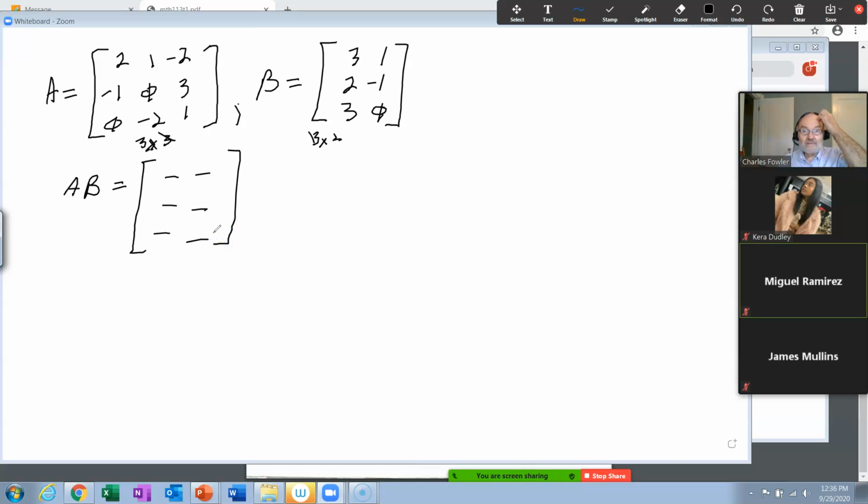Okay, so let's do it. The first row, first column is going to be the first row here by the first column here. So that's 2 times 3 is 6, plus 2 is 8, minus 6 is 2.